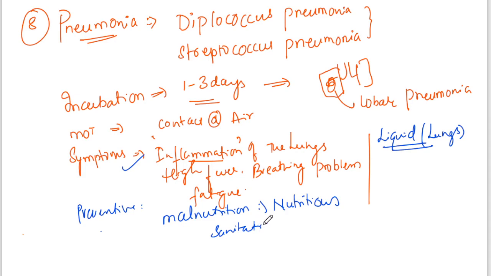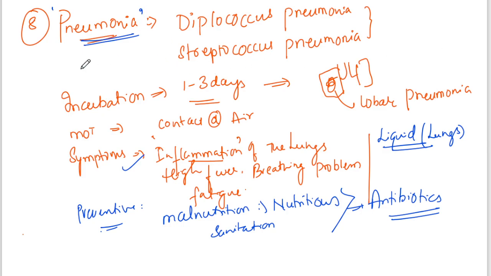Good sanitation is required. And antibiotics are available for this pneumonia. And don't take cool drinks or ice creams in the winters or at midnight, so that might alleviate the disease. So this is all about pneumonia.